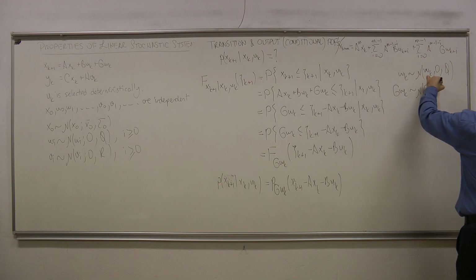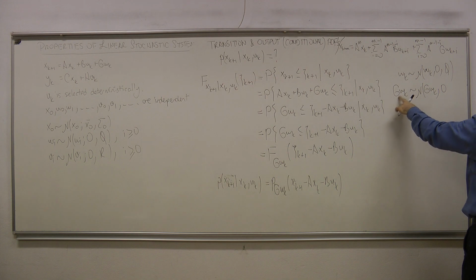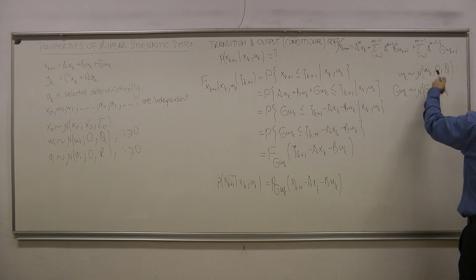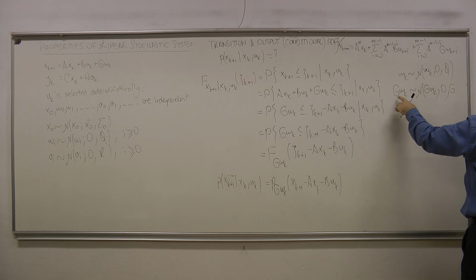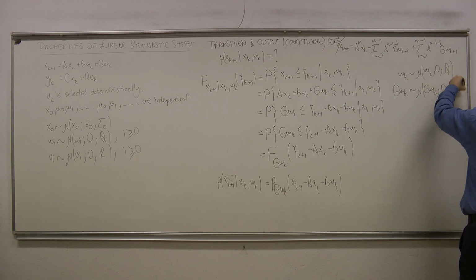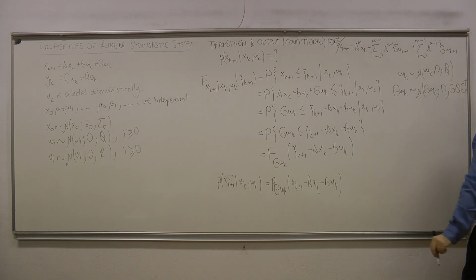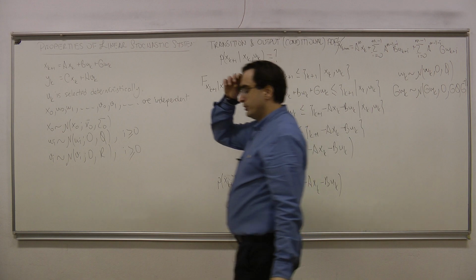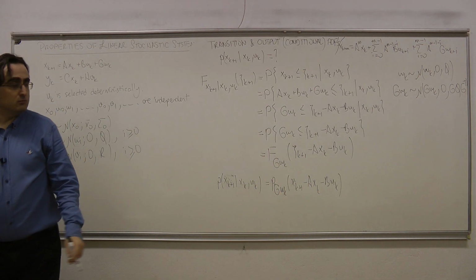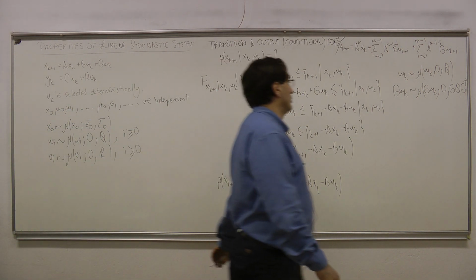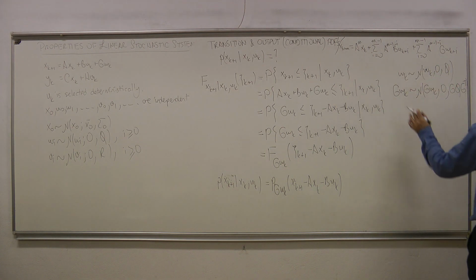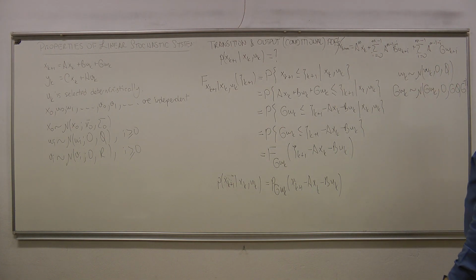It would be zero mean, G times the mean of W, which is 0, and covariance would be GQG transpose. So you need to be able to do this type of manipulation in your mind quite quickly to continue with this course.